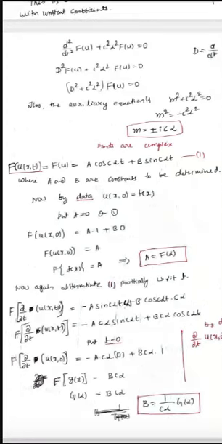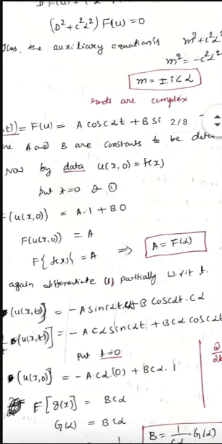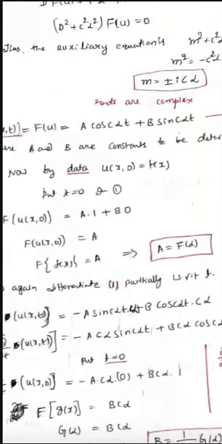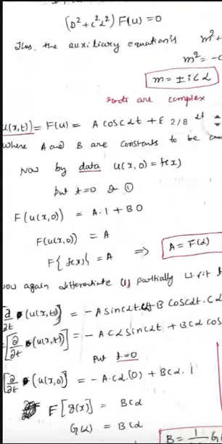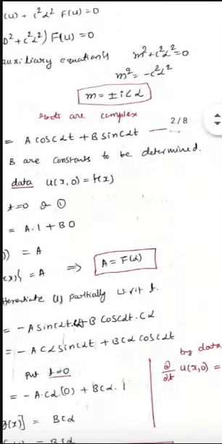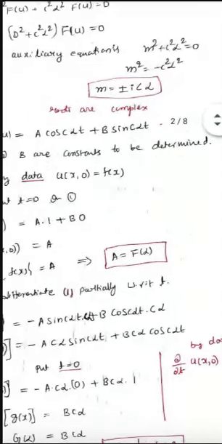Because the initial stage is time 0. So f of u of x comma 0 is a. So f of x, capital F of x, you will get a. A becomes f of alpha, you can write simply as f of alpha.